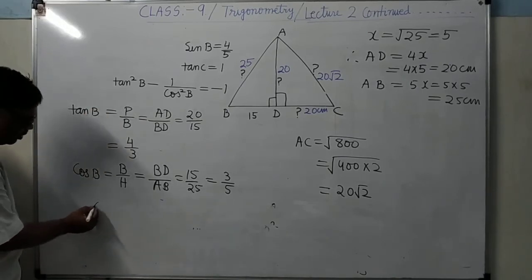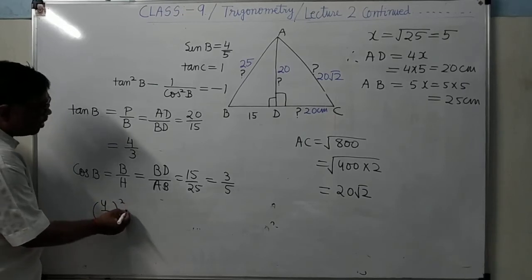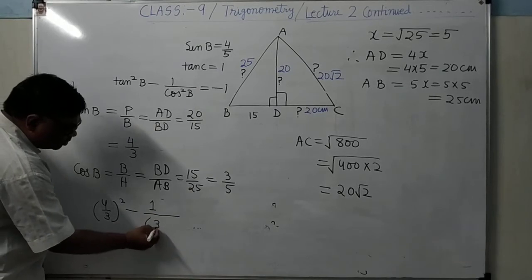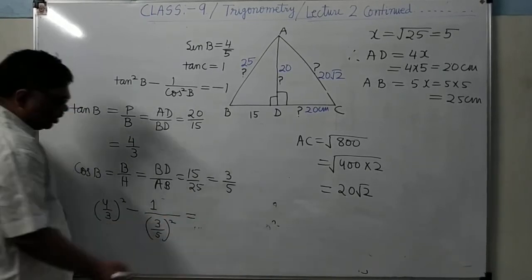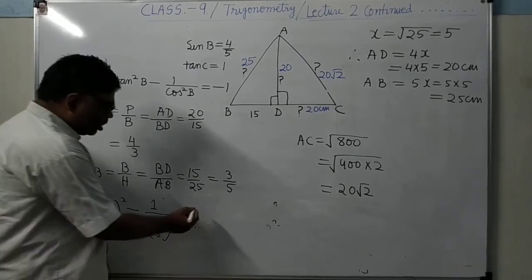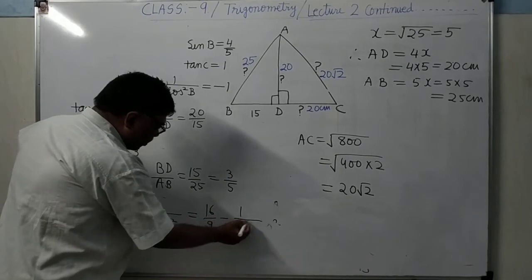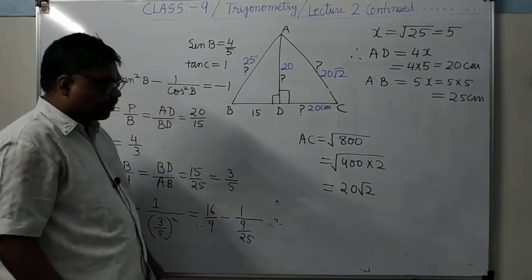Now you substitute here. So tan square B minus 1 divided by cos square B. So this will be equal to 4 upon 3 whole square, 16 upon 9, minus 1 upon 9 upon 25.